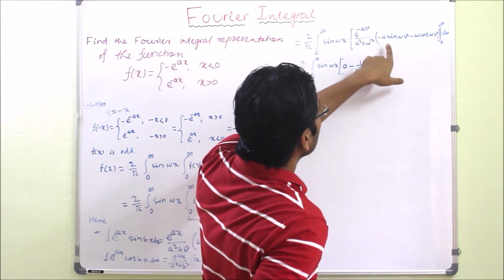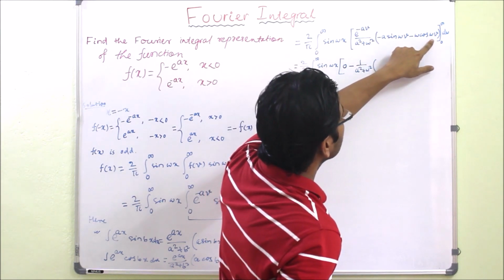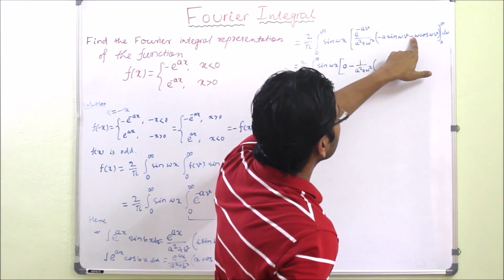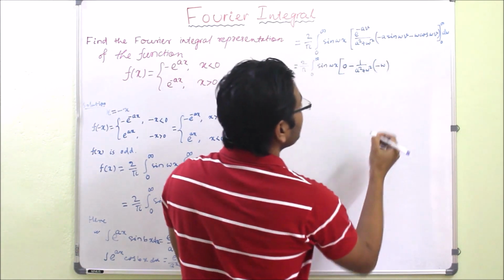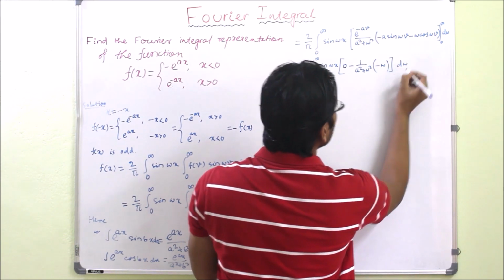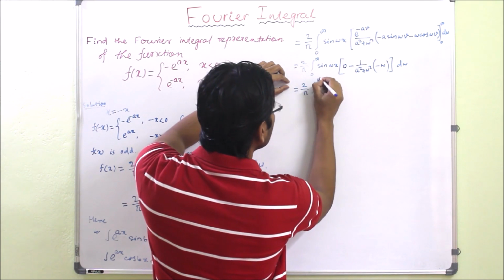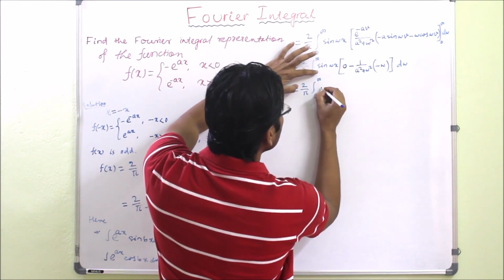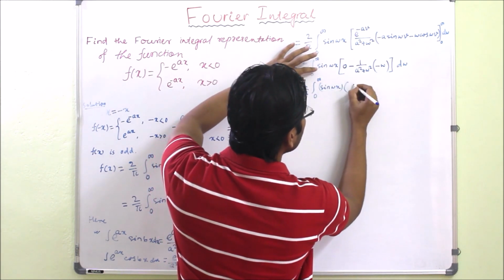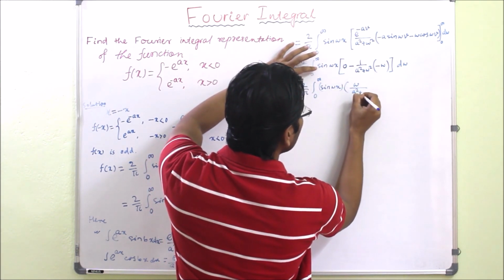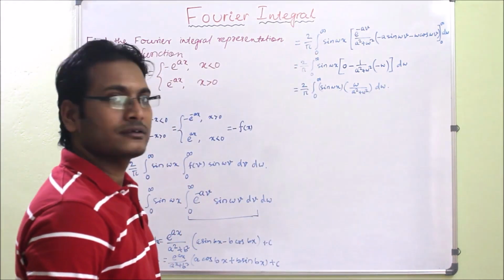Now inside the bracket, if I put 0, sin 0 is 0, but cos 0 is 1, so minus w into 1. That is minus w. Then dw. So finally we will get 2 by pi times the integral from 0 to infinity of sin wx whole into w by a square plus w square dw. Yes or no?